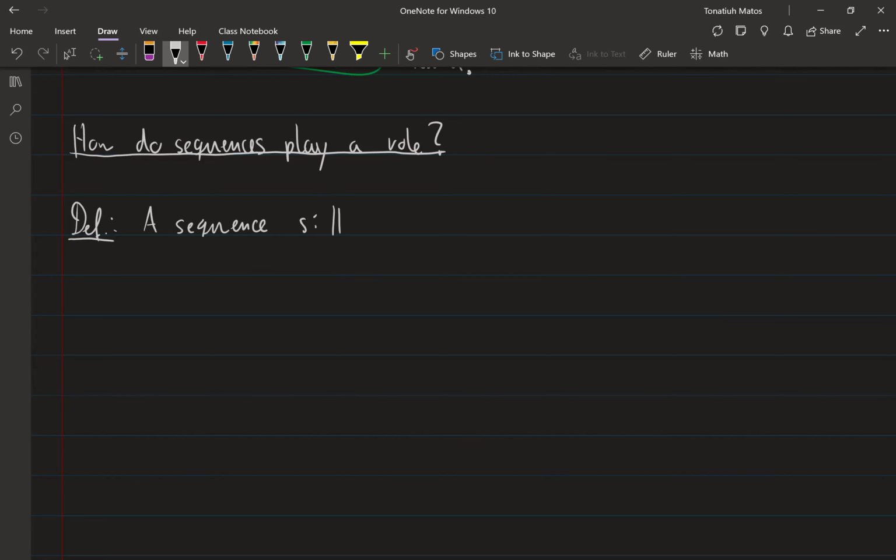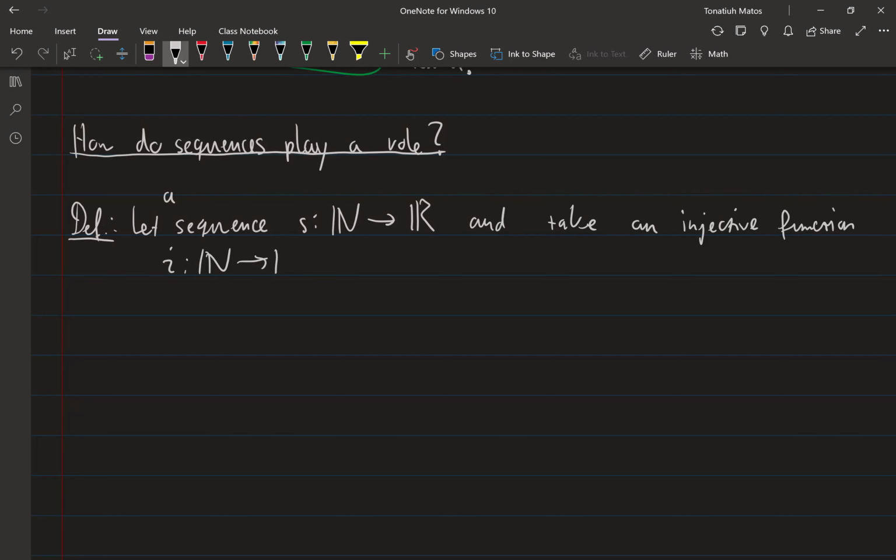a sequence of real numbers. Remember, it's just an enumeration of some real numbers, right? That's what a sequence is. Okay, so let a sequence S and take an injective function, let's call it I, although it doesn't matter.